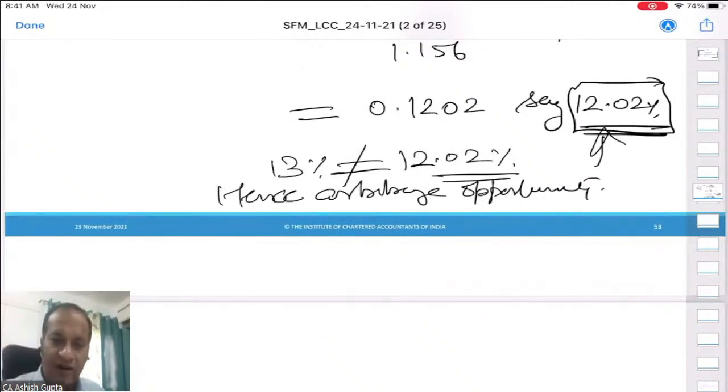And if it is downward, it means there is pessimism in the economy.